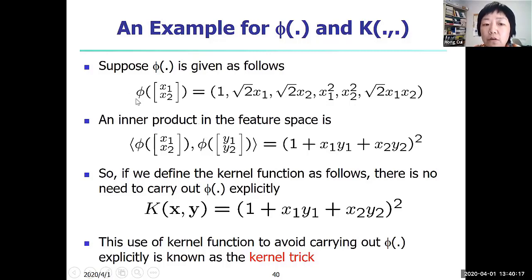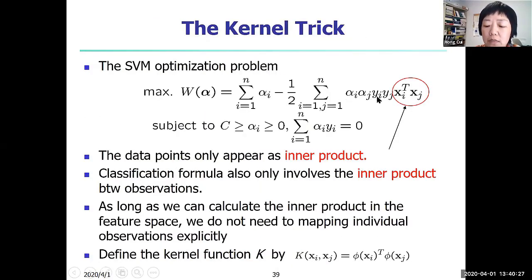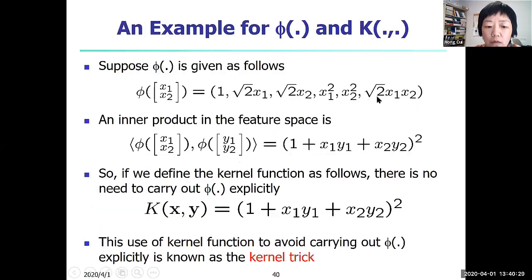But we don't have to do all those transformations for every data point. We can directly compute the inner product, because that's all this optimization function is dependent on. So this use of the kernel function to avoid carrying out explicit transformation is known as the kernel trick.